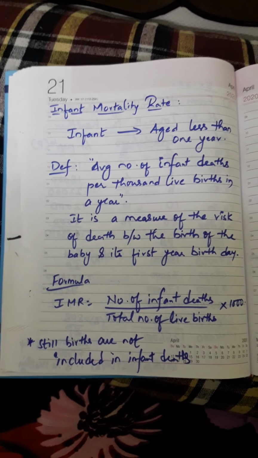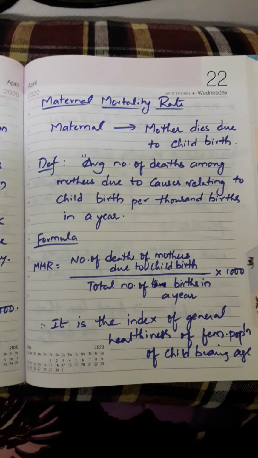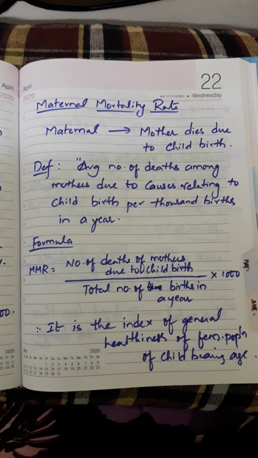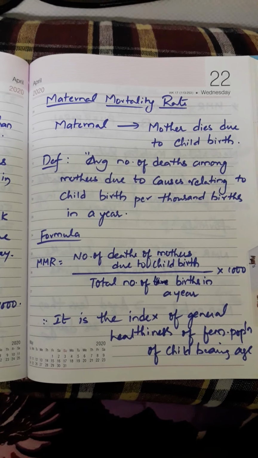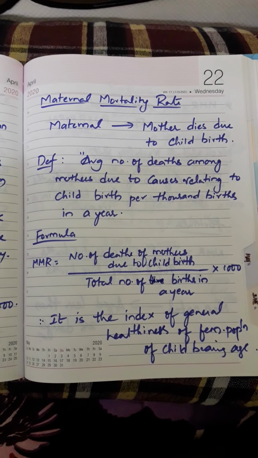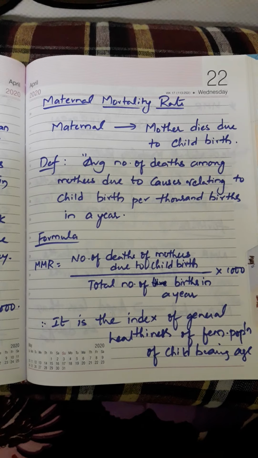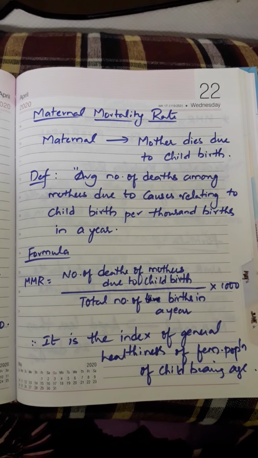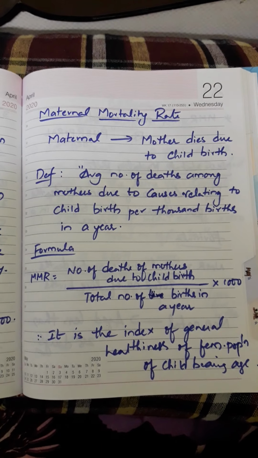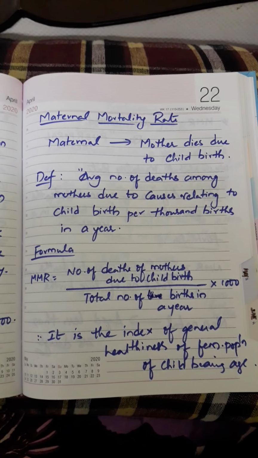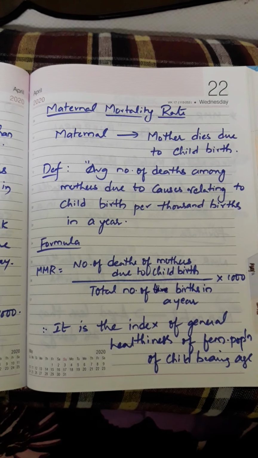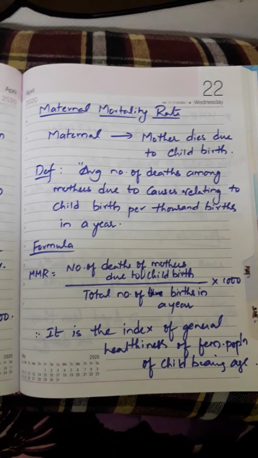So let us see the next method, maternal mortality rate. What does maternal cases mean? Maternal cases means a mother died during childbirth. Such cases are maternal cases. So the mother dies due to childbirth. See, in movies, earlier in the olden days, in the old movies we have seen, soon after giving birth the mother dies.